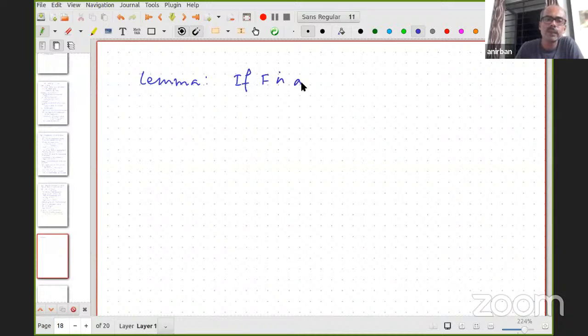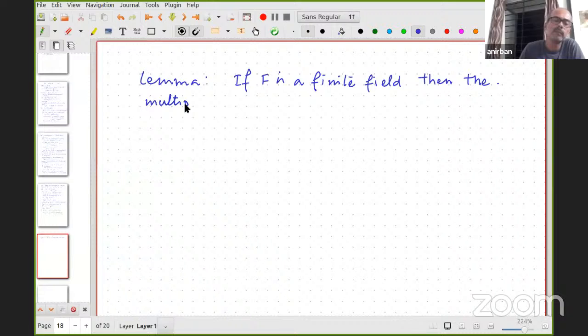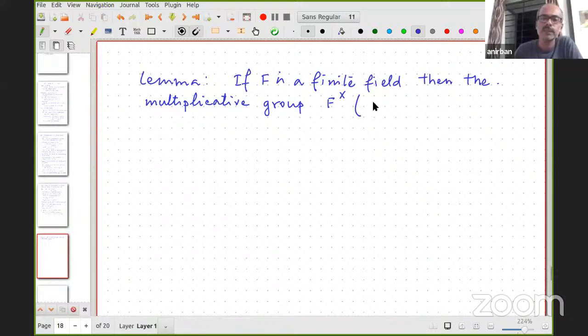If F is a finite field, then the multiplicative group, let me have a notation for this: F with multiplication, by which I mean F minus 0 with multiplication.